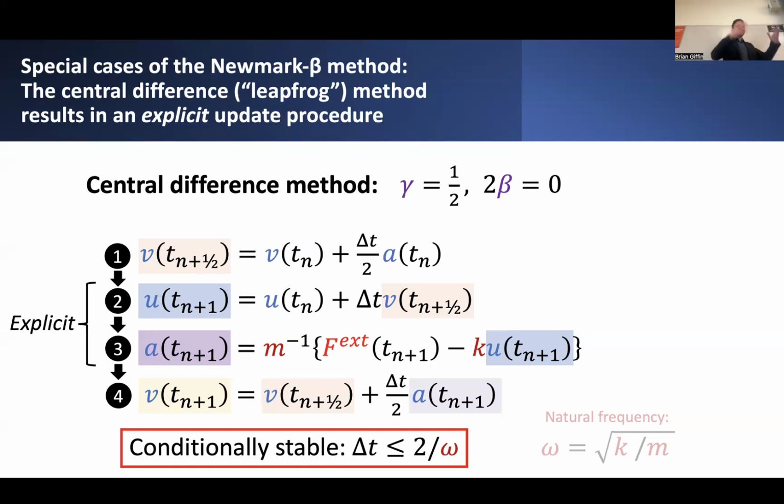You would run into the problem of an instability. So this is the limitation of the central difference time integrator method. It exhibits only conditional stability, assuming that you choose a sufficiently small value for the time step.